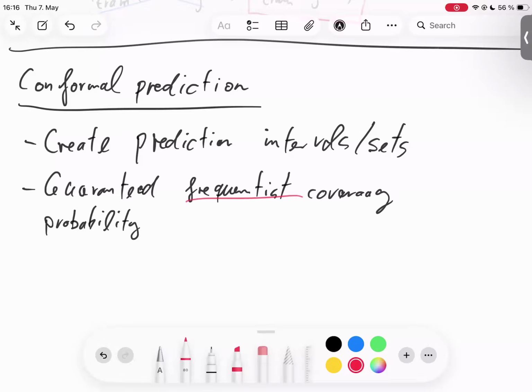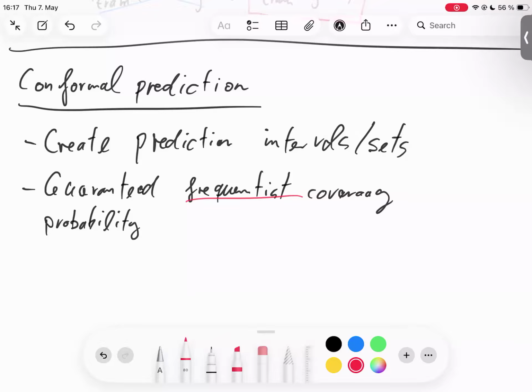Some people only believe in frequentist approaches, while others only believe in Bayesian approaches. I've never really been like this, on either the one or the other side. I think both worlds have their pros and cons. But it's sometimes like a religious battle whether you should belong to the frequentist or the Bayesian world. And this conformal prediction here gives us guaranteed frequentist coverage probability.